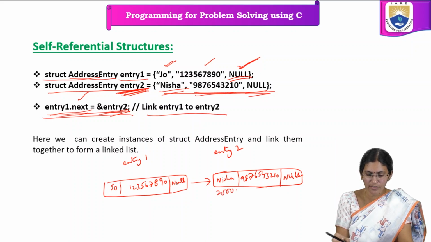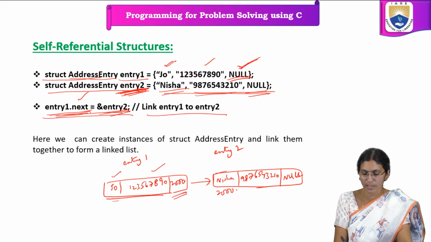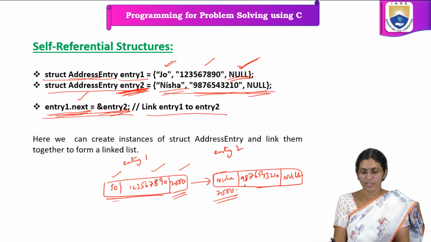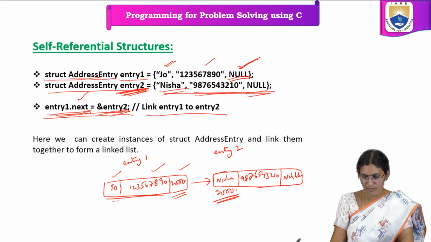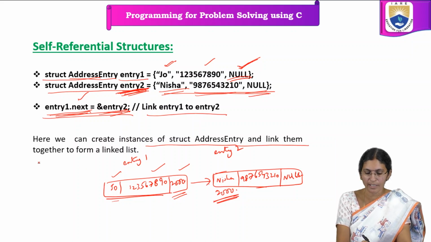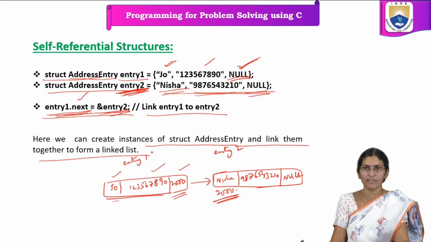That starting address is stored in this pointer variable, entry 1 dot next. Suppose this is 2000. Entry 1 has two fields, name and phone number, and the last one is a pointer variable which stores the starting address of the next variable. So here we can create instances of struct address entry and link them together to form a linked list.